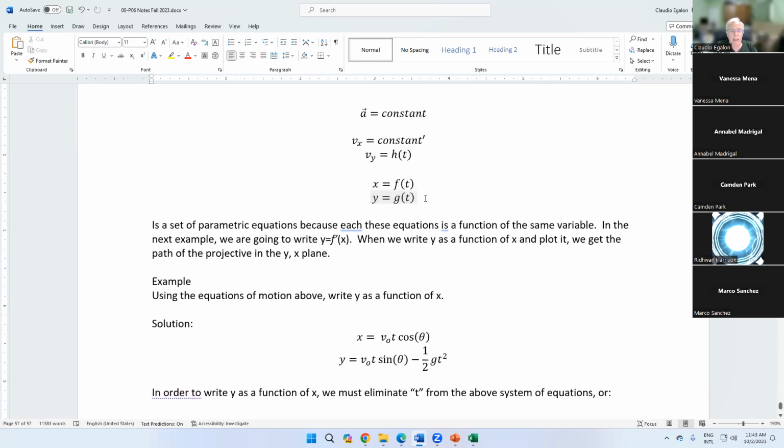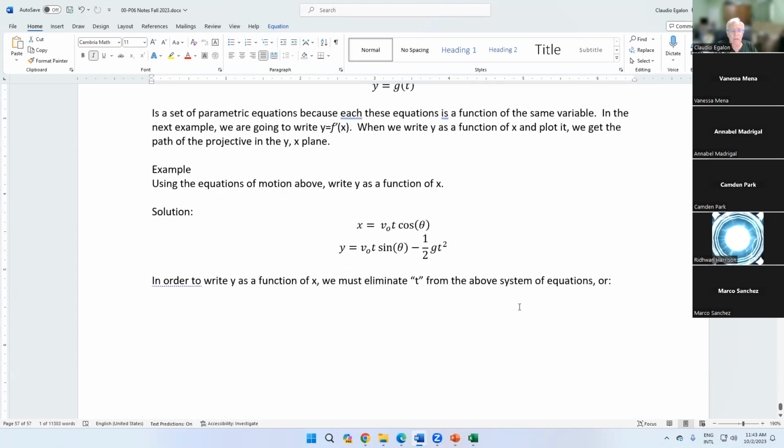See, we have x as a function of t. We have y as a function of t. But now I want y as a function of x. So what we have to do? We have to somehow eliminate t from the equation. And it's not difficult. For this type of problem, it's not difficult to do that.